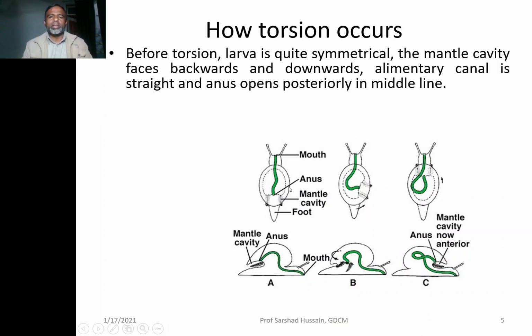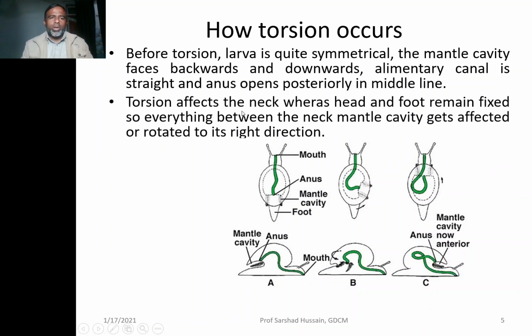This is bilateral symmetrical. Torsion affects the neck, whereas head and foot remain fixed. We have already discussed. So what happens? Everything between the head and foot, this portion which is having the visceral mass, is affected by the torsion.